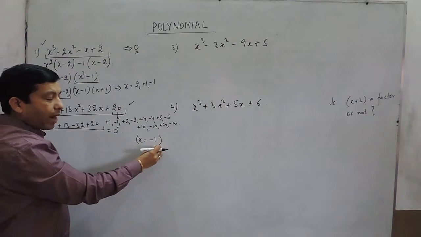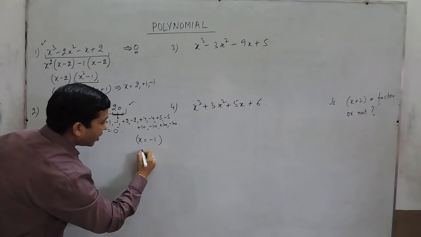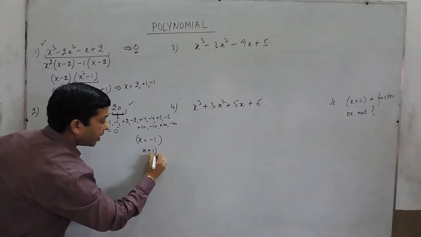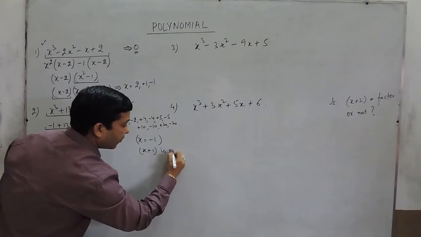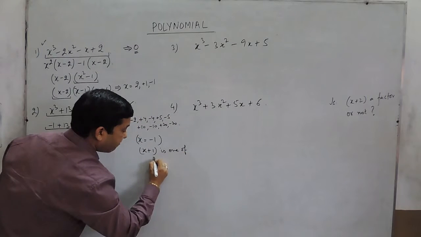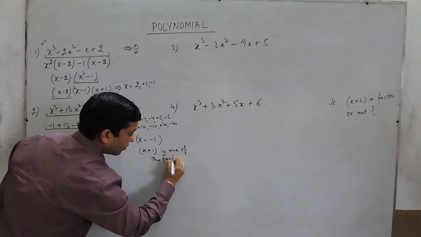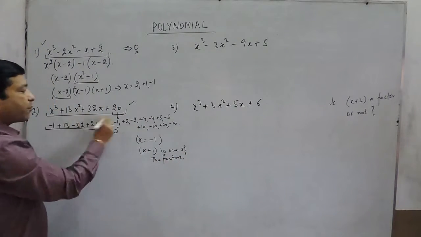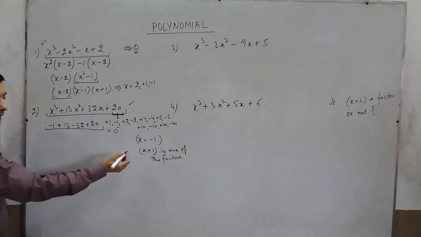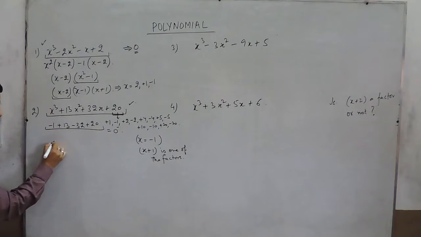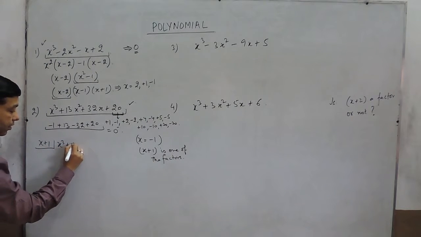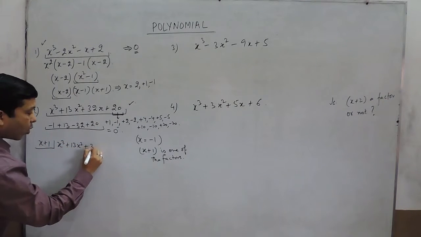And if x equal to minus 1 is the solution, that actually means that x plus 1 is one of the factors of this polynomial. When I am saying x plus 1 is one of the factors, now we can divide the whole equation by x plus 1.